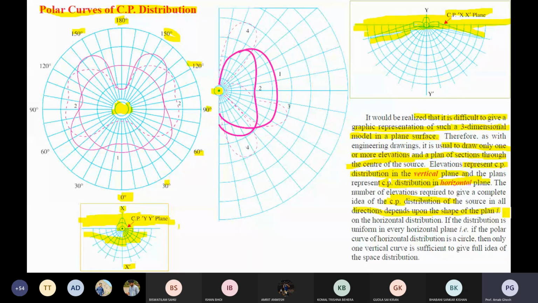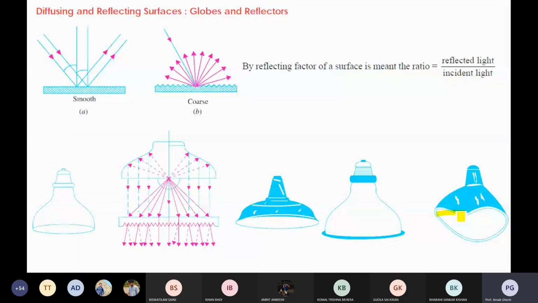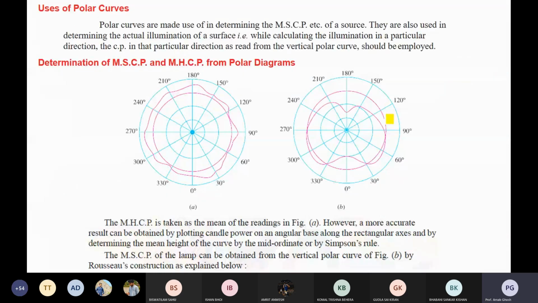Okay, so you are getting this type of thing, so you can observe uneven conditions. So I think all of you are able to understand the diagram of the polar curve for the candle power distributions. Okay, some formulas are also there, based on which you can calculate that value. So at the time of the exam, a numerical problem may come based on this type of shapes and figures.